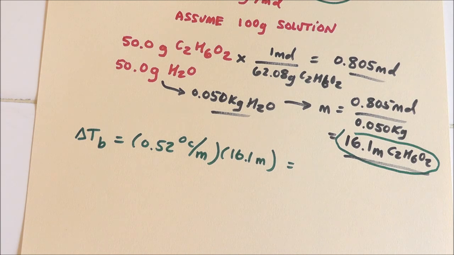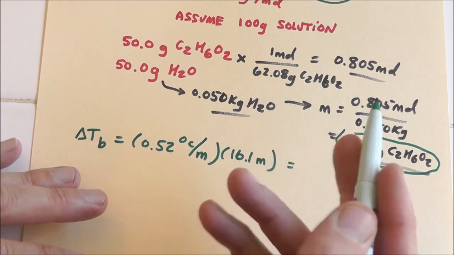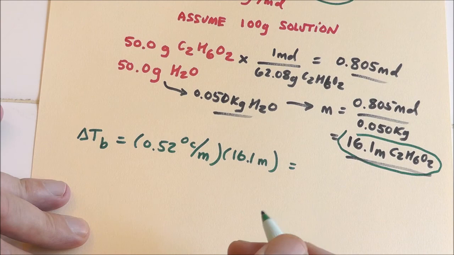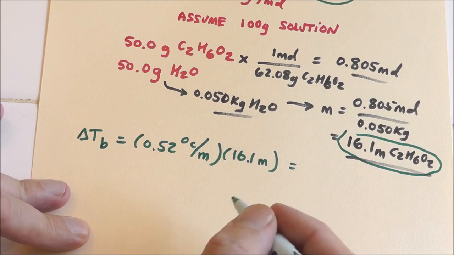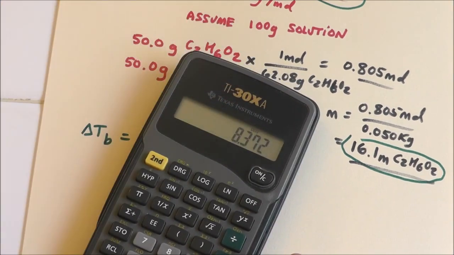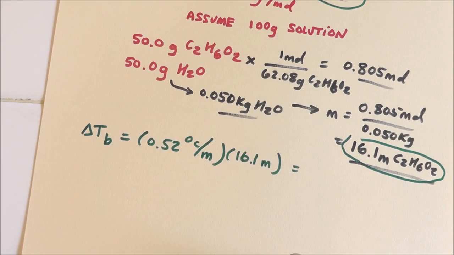So let's go ahead and get that 0.52 times 16.1. Those K values are not measured. Actually, no, 50% has 2 digits. My calculator says 8.372. I'm going to go ahead and round that to 8.4.